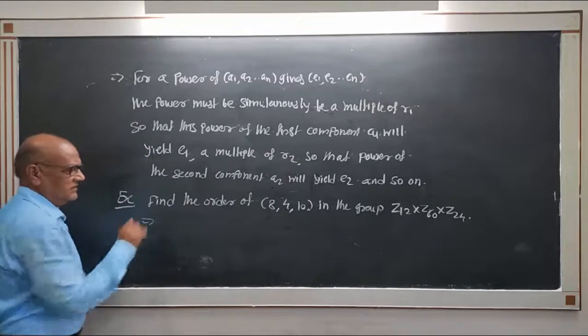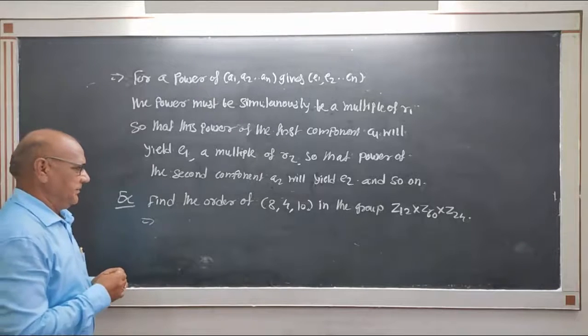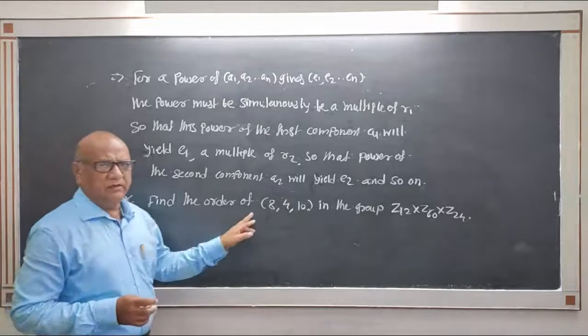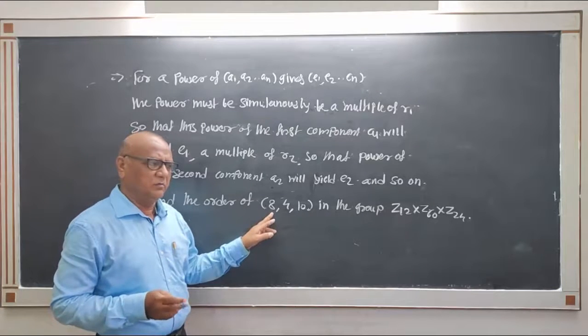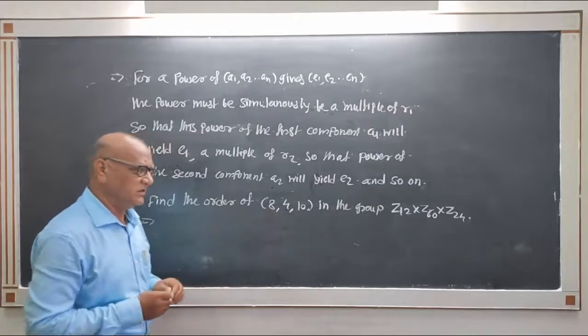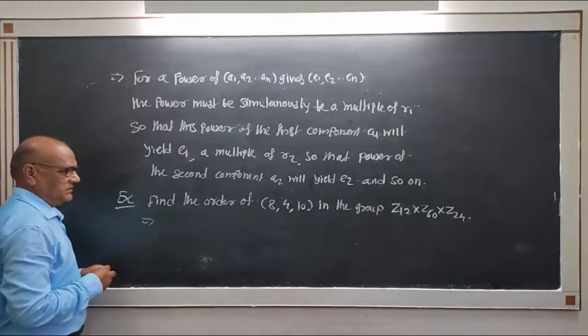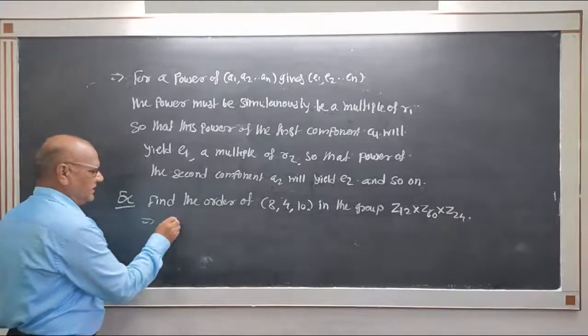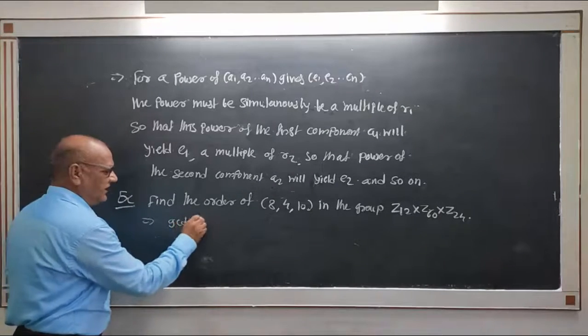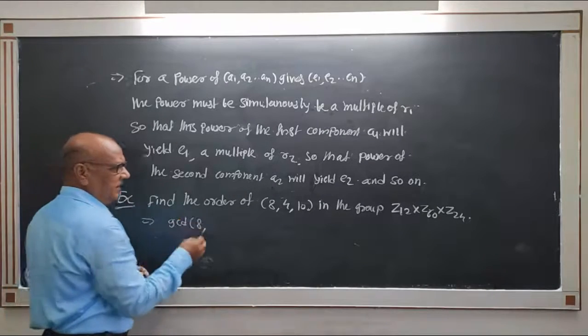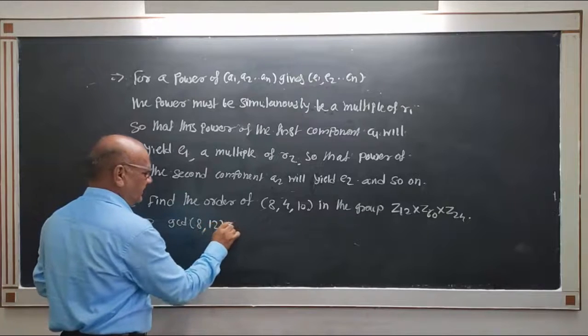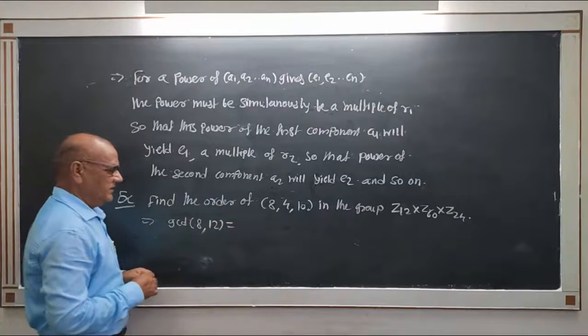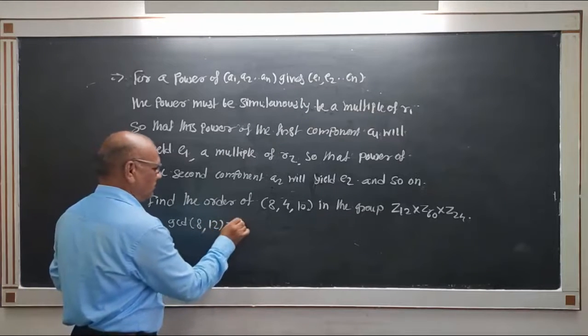Okay, see here. We know from properties of subgroups, here GCD of 8 and 12 is equal to 4.